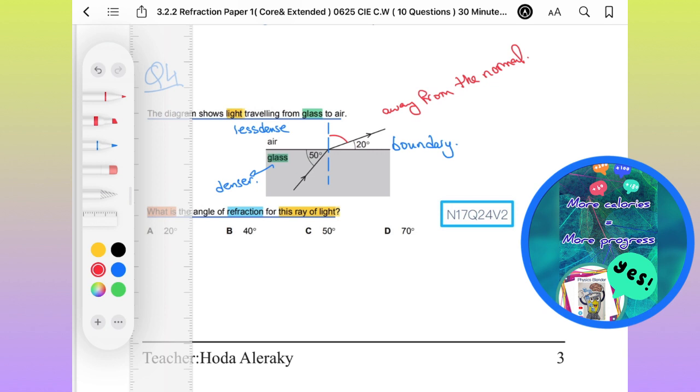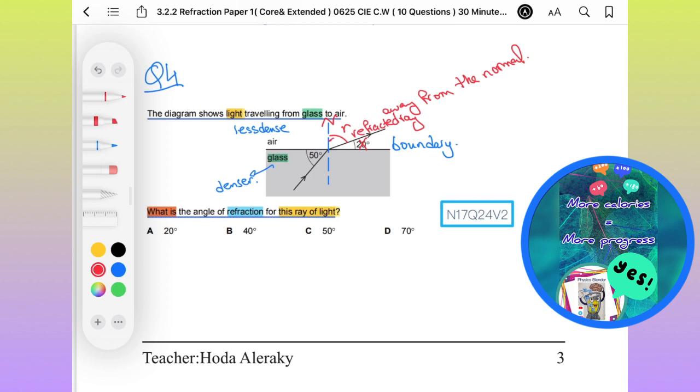So this is the angle of refraction. Here it is asking you about the angle of refraction for this ray of light. The angle of refraction for this ray of light is not 20. No, it's the angle between the refracted ray and the normal.